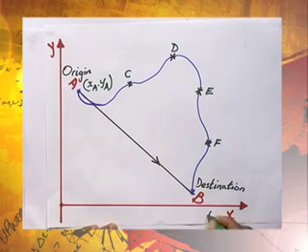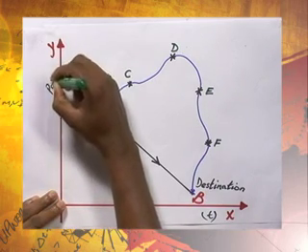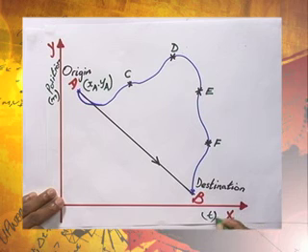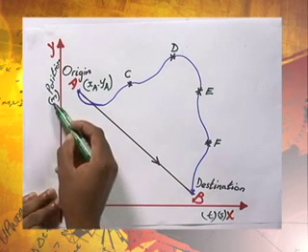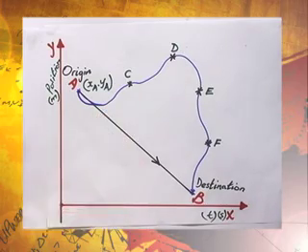If I had t here, it will be position this side versus time. When we draw graphs, we need to put in the units in which we're measuring these quantities. Time is measured in seconds, position in meters.